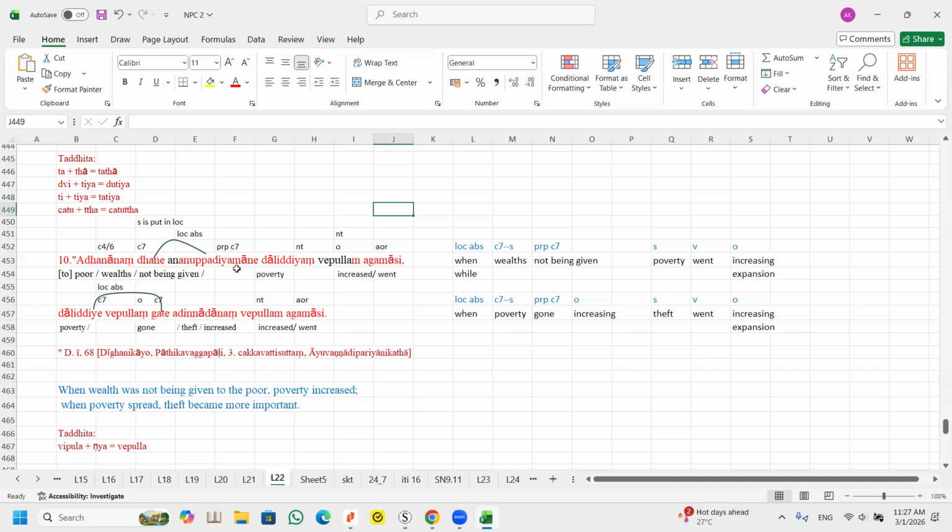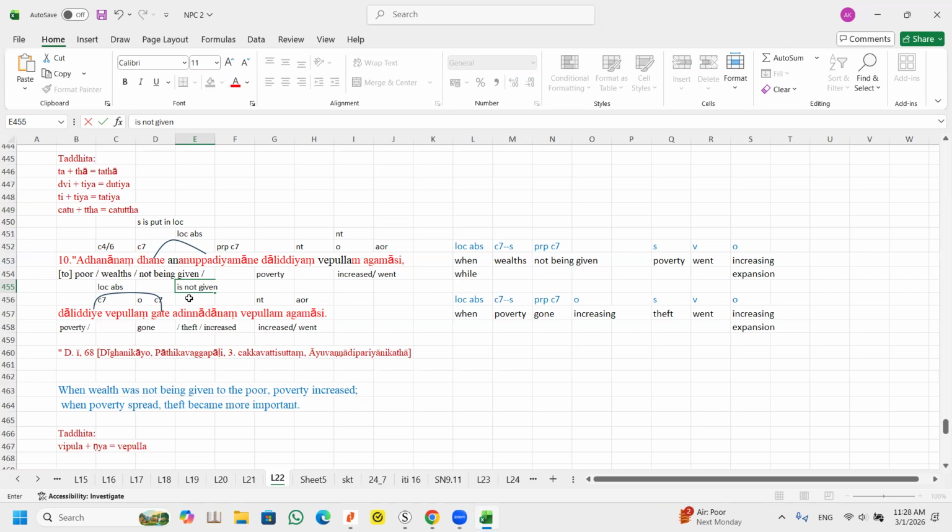Now in this case, the PRP or PPP must be the verb. So in this case, the word "and" here is not. Can you see iya? Technically, iya means it's a passive form. Is given. So not being given is the same as is not being given. This is English. This is iya.